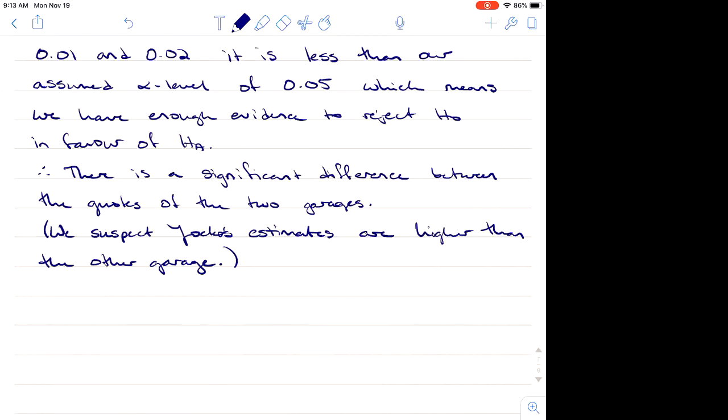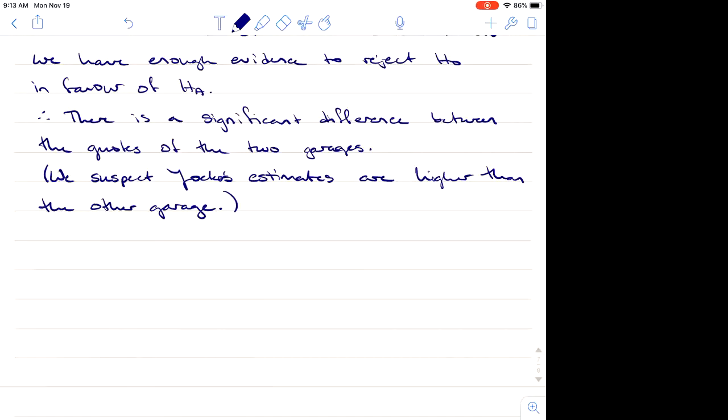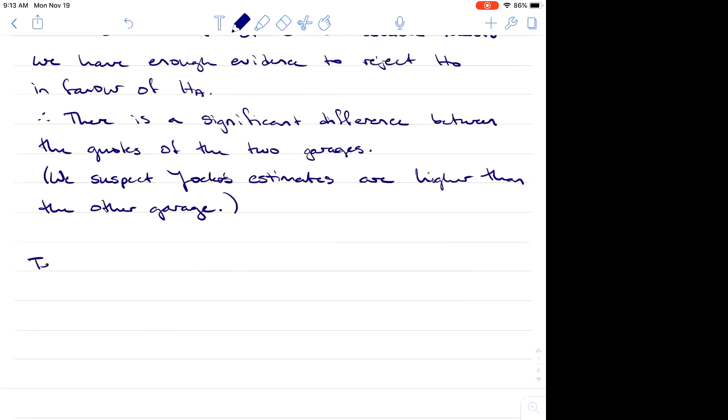So what if we had to use a confidence interval? Test the hypothesis using a 95% confidence interval.